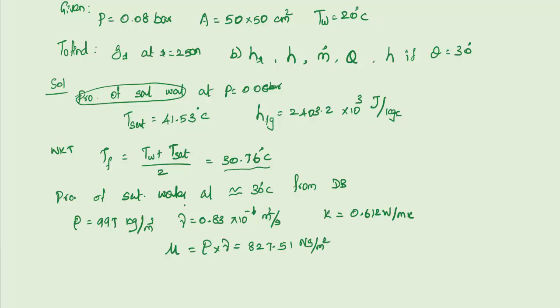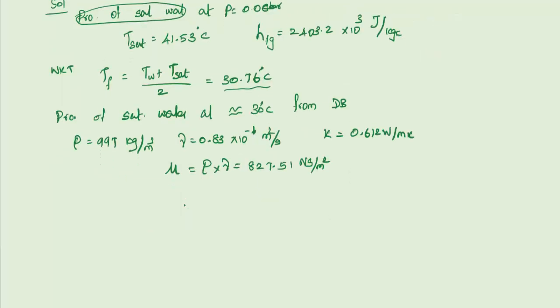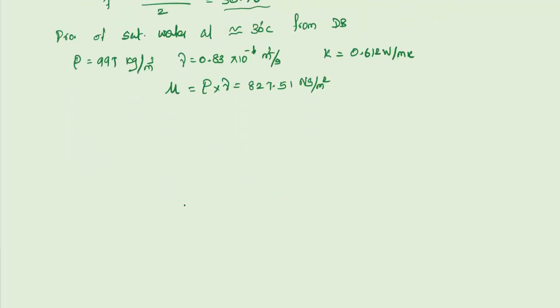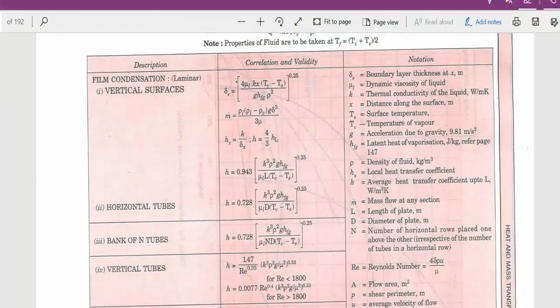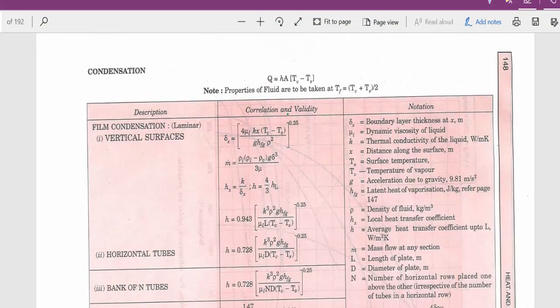So in the first subdivision, they are asked to find the film thickness delta x. So first, film thickness delta x value has to be found. You know that delta x formula has to be taken from the data book at page number 148.